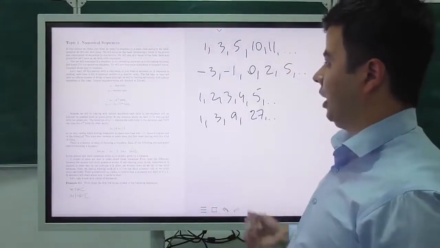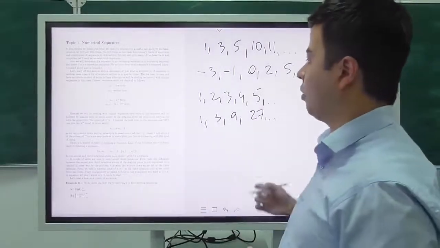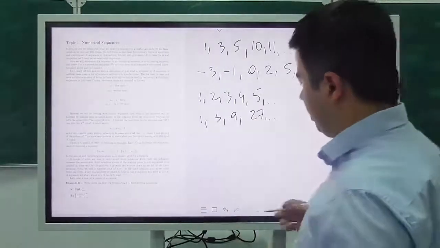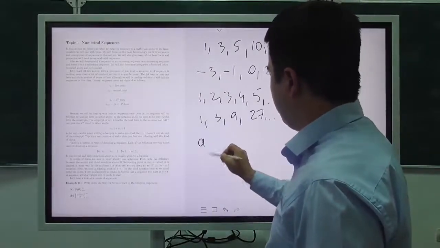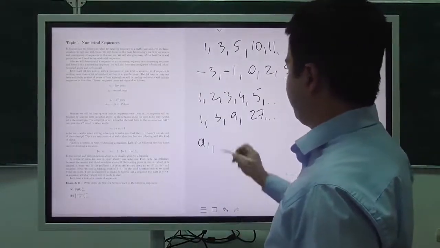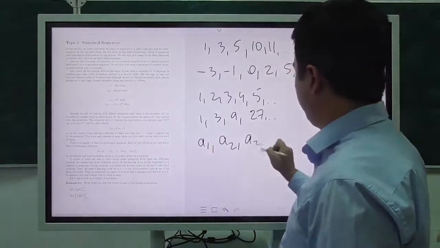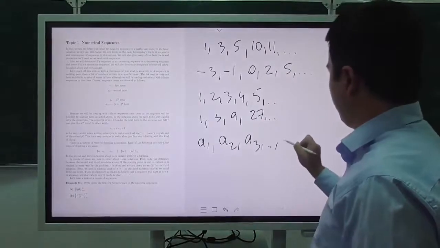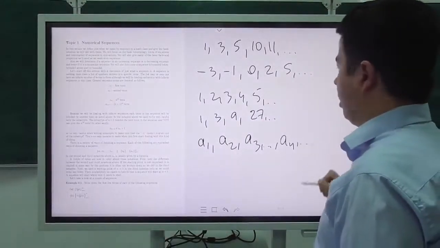So again, one more time, a sequence is a list of numbers written in a specific order. If you want to write it in general, it is a1, for example, this is the first term, a2, a3, etc., an, and so on.